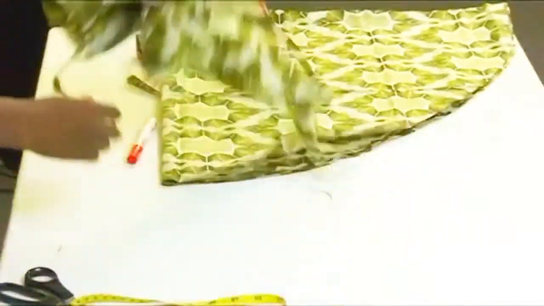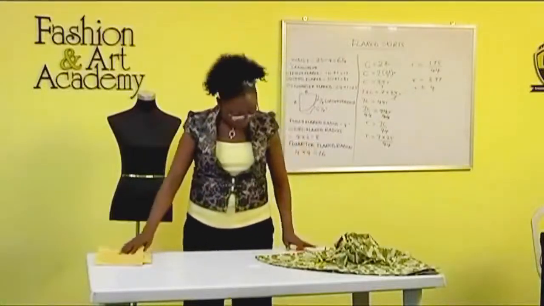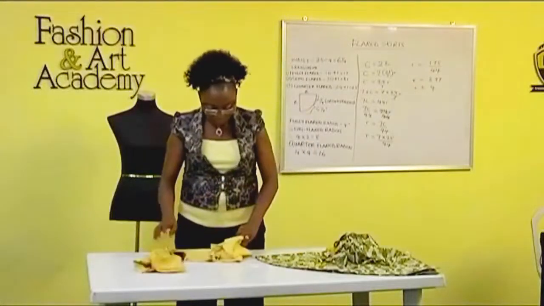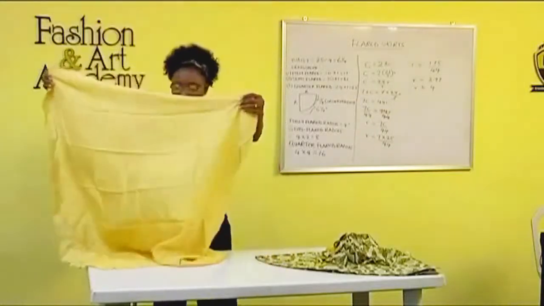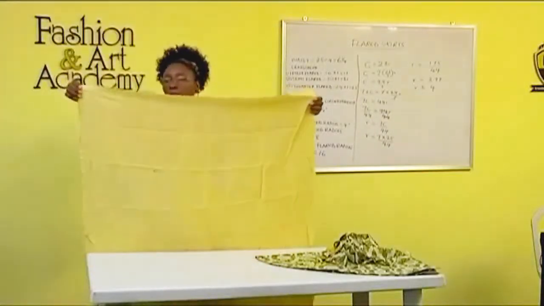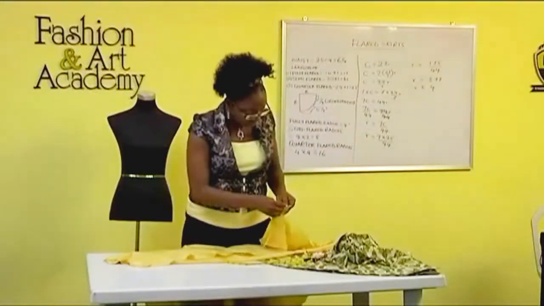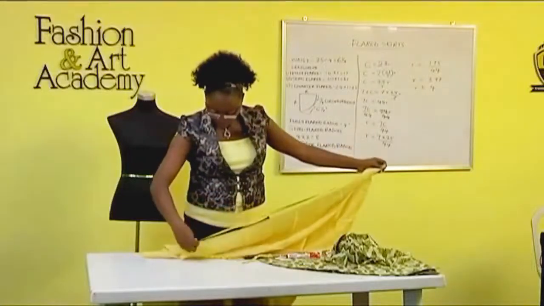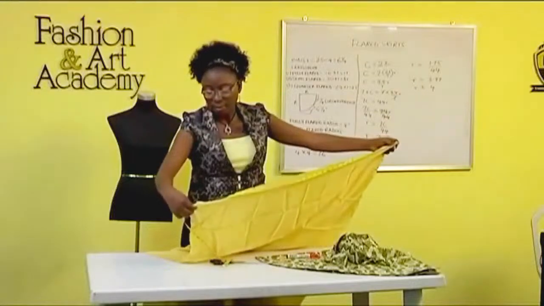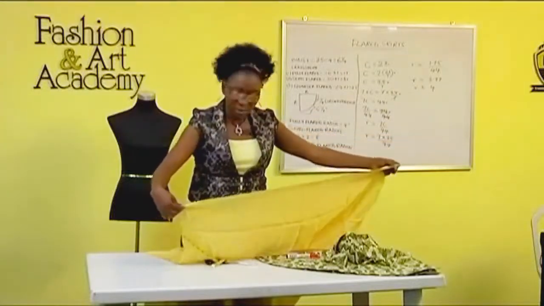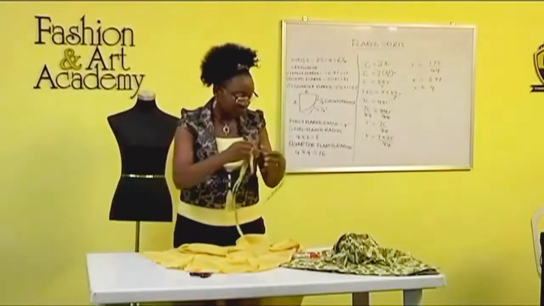I have a lining here that I'm going to use. I'll take it and fold it into 4. Let me see if I have enough length there. This is a little less, but since we're still going to subtract, it doesn't really matter.